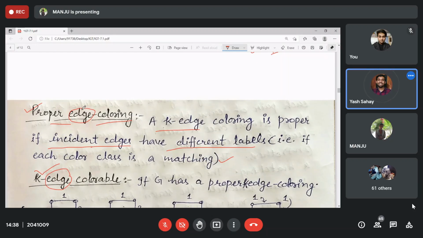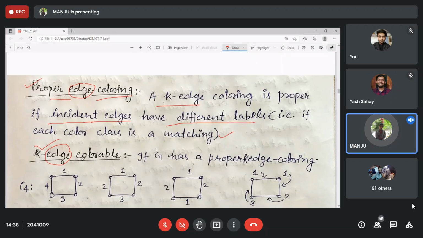Okay, C4, the same example we discussed with vertex coloring. Here the coloring is given. It may or may not be proper, so just check whether it is proper.